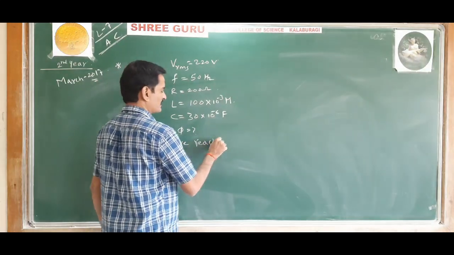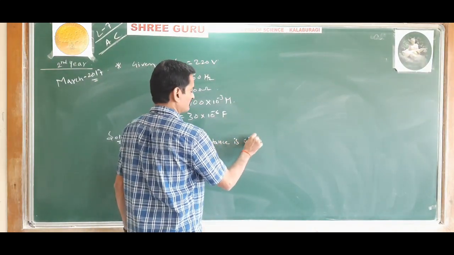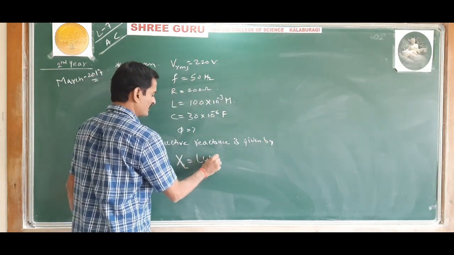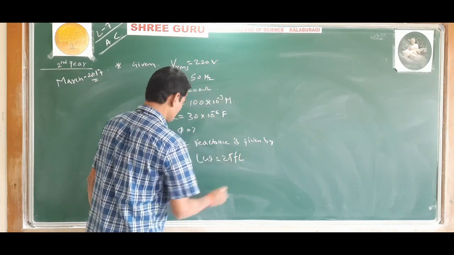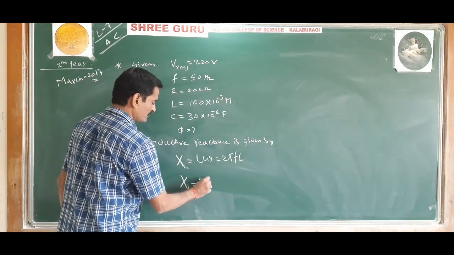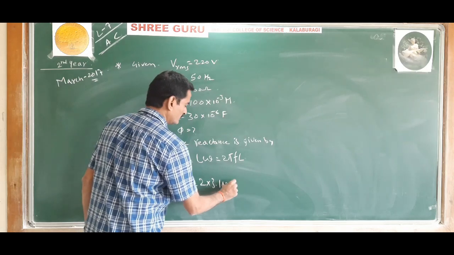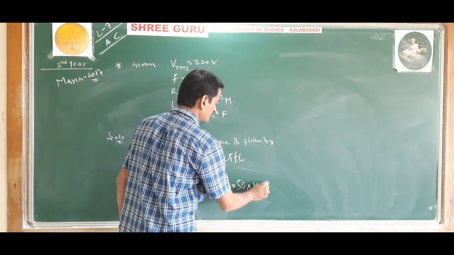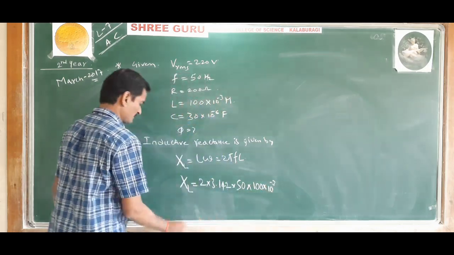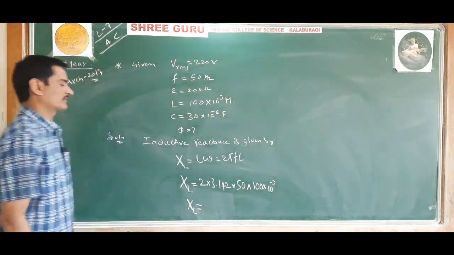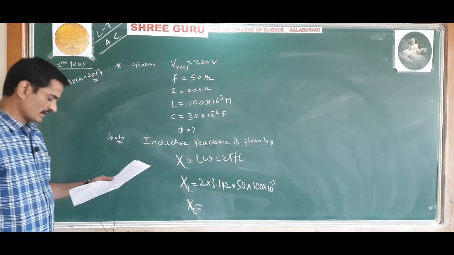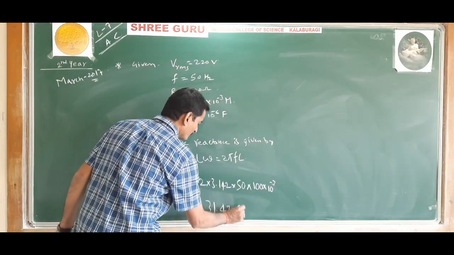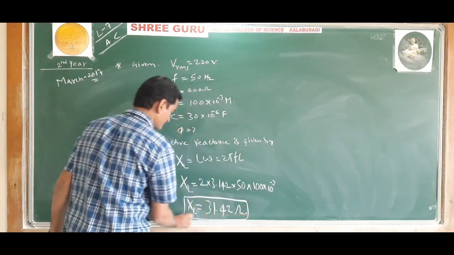Inductive reactance is given by XL is equal to L omega, that is equal to 2 pi f L. So XL is equal to 2 into pi 3.142 into 50 into L, and L is 100 into 10 to the power minus 3. Do the calculation and get the answer. XL will come out to be 31.42 ohm.